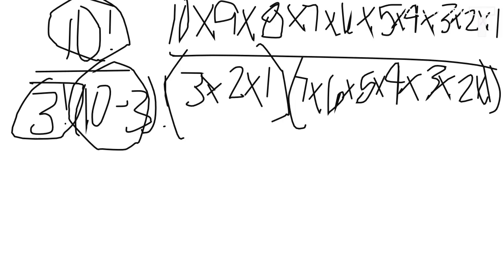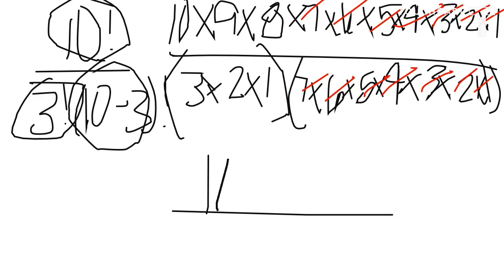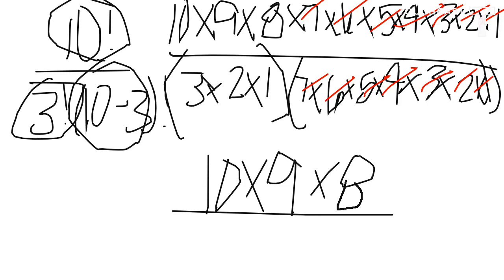Now you can just cross out the numbers that are the same on the top and bottom. So 1 and 1, 2, 3, 4, 5, 6, and 7. Now you're left with 10 times 9 times 8 over 3 times 2 times 1.